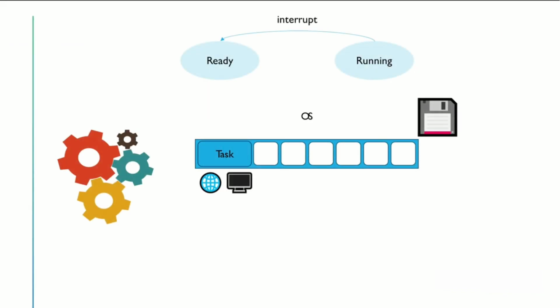You've got the process running, all permissions are there, but suddenly the internet breaks down, so you don't have a connection anymore. That task moves back into the ready state until the internet is back on, and then it will move into the running state again later. But at the moment, because there is no internet, permissions are not granted, meaning that task will have to move back into the queue.